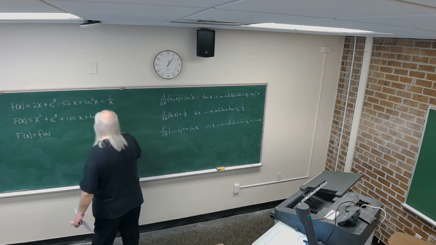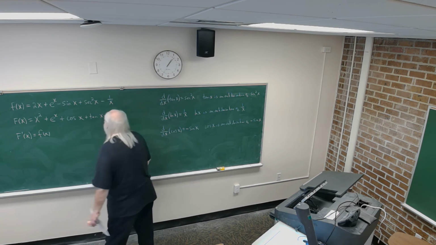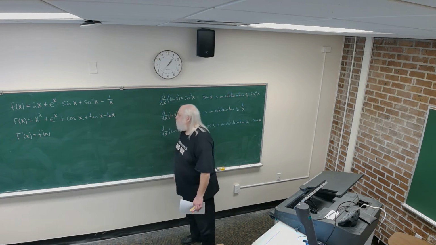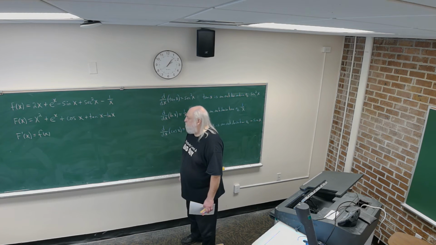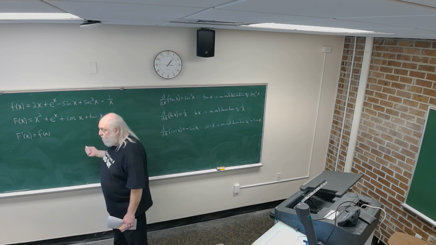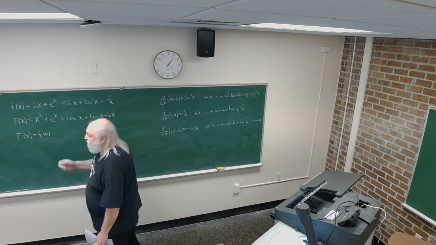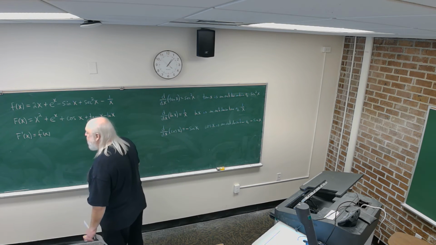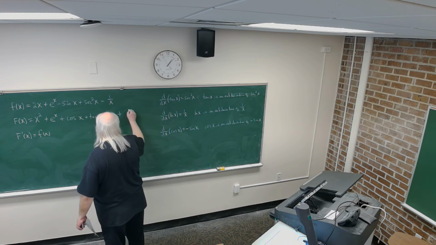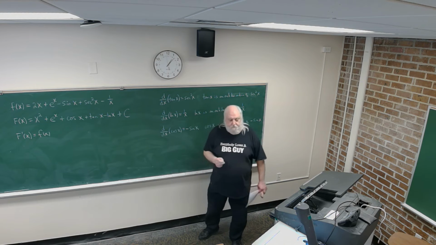And so we have minus the natural log of x. And now all the antiderivatives of little f of x differ by a constant c. So to write the most general antiderivative of little f, we add the arbitrary constant c.